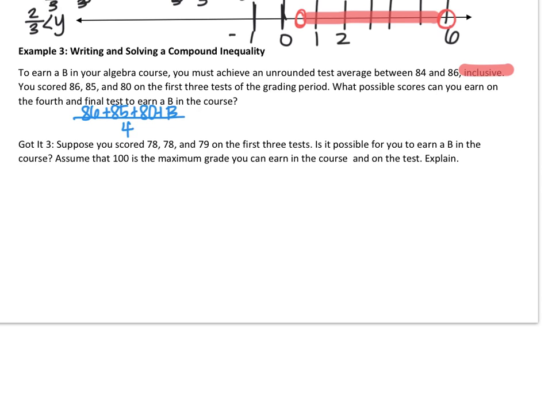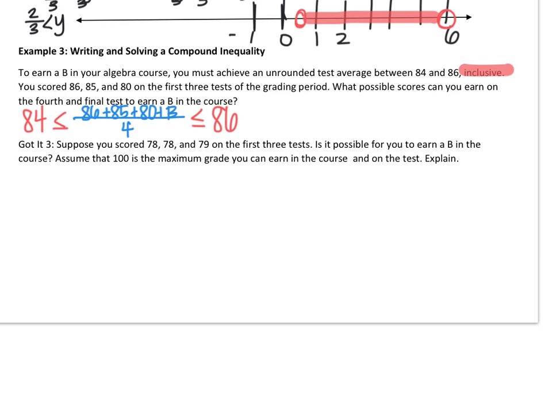And that has to be greater than or equal to 84 or less than or equal to 86 to earn a B in the course. Your test average. Inclusive means you put an equal sign underneath the inequality.